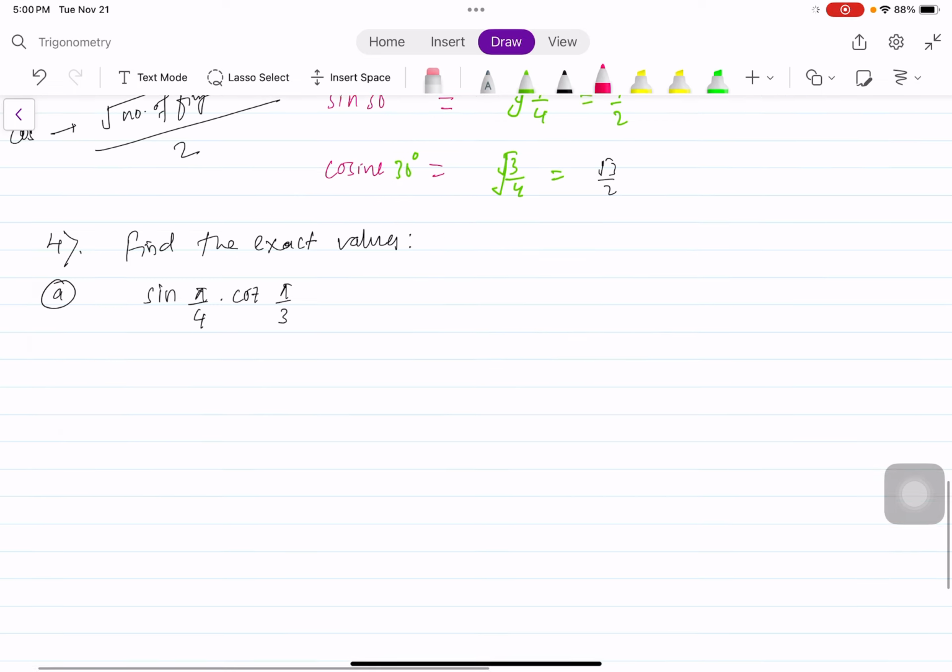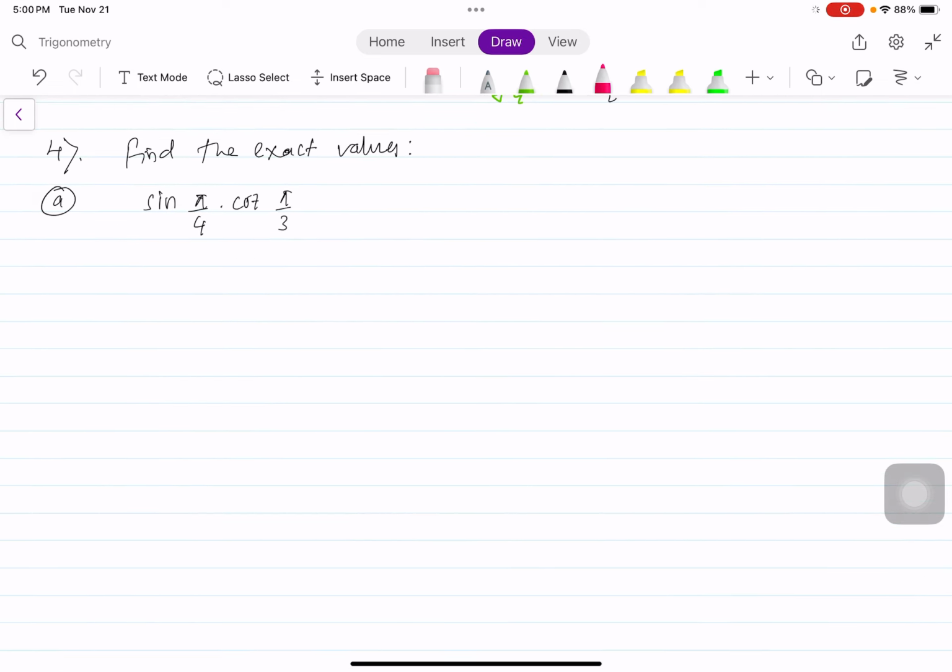So here how do we find these values? Sine pi by 4 is sine 45 degree, which is square root 2 over 2, and this is cotangent 60 degrees. Cotangent 60 degrees is the reciprocal of tangent 60 degree. What is tangent 60 degree?